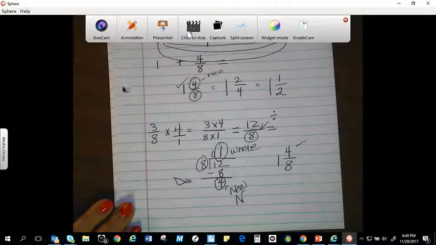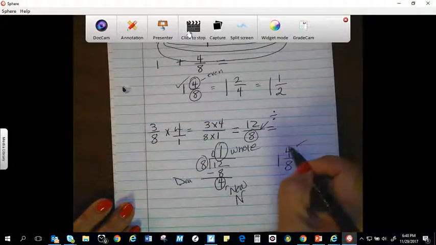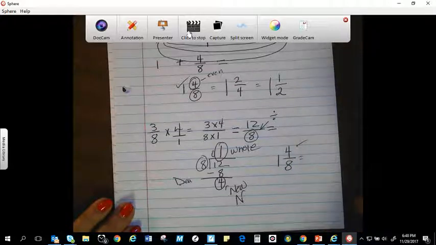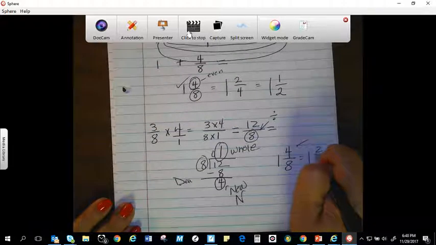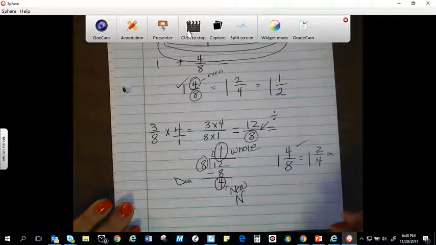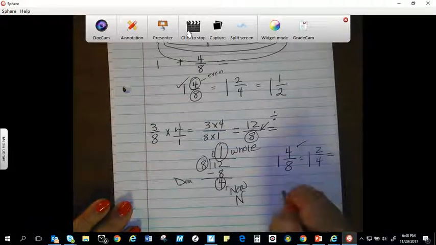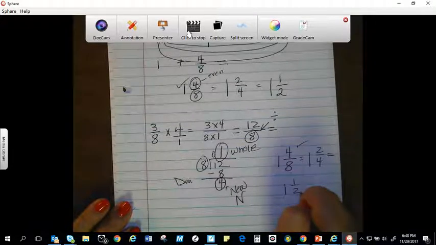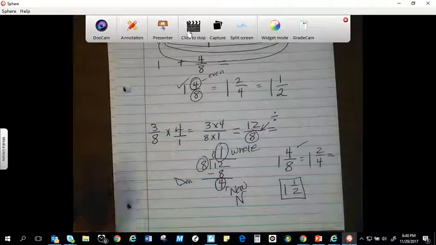Absolutely. So now, again, I have even numbers, so I can take half of those. So I have 1 2/4. They're still even, and I can continue to simplify it to its lowest term, and it's 1 1/2, and that is my answer.